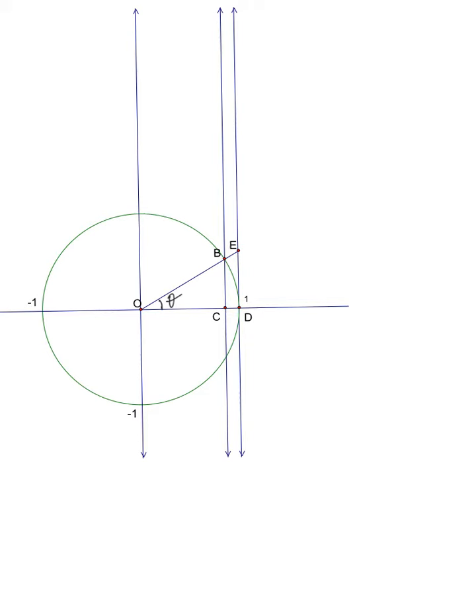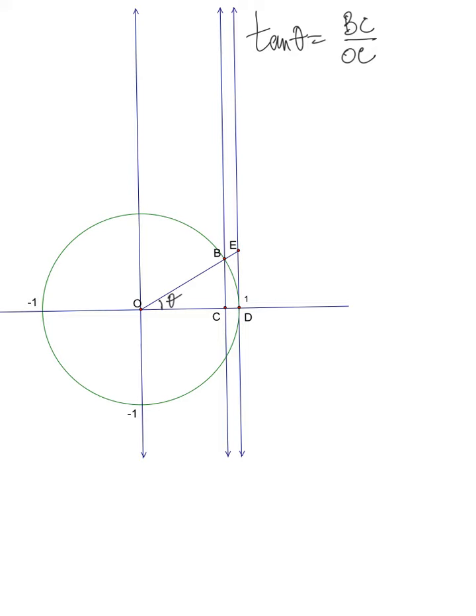As we know, tangent of an acute angle is opposite leg, which is BC, over adjacent leg OC. But I hope you notice the line that is drawn here, the line DE. This is the line which I drew perpendicular to the x-axis, and it forms another triangle here, OED.